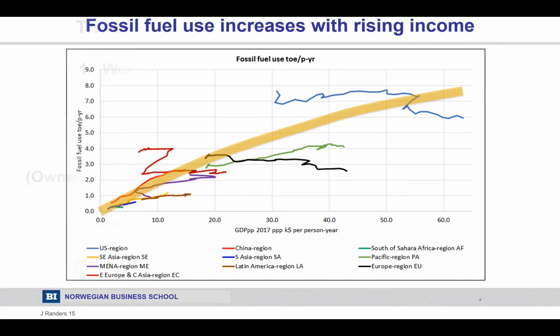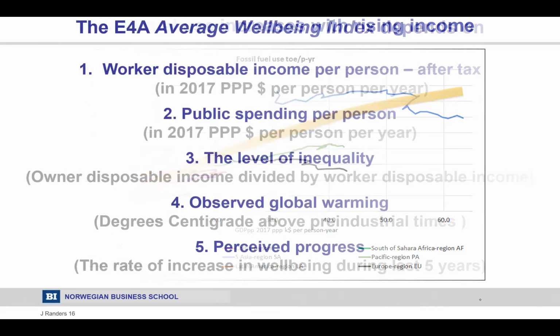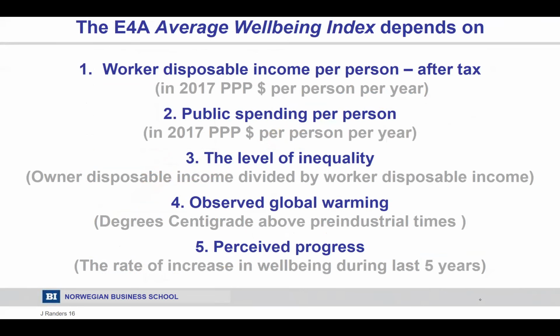So we want to forecast well-being. We need a definition of well-being in order to do this quantitatively. And what we have done is choose to define the average well-being of the working majority in the following way, depending on five components.